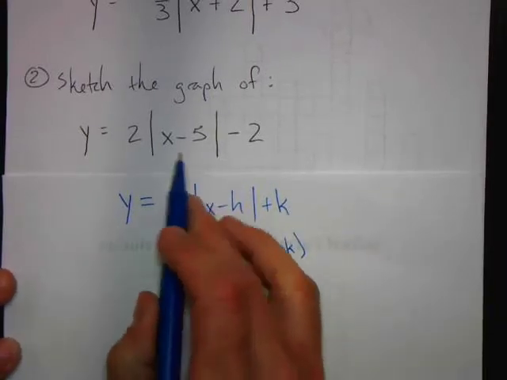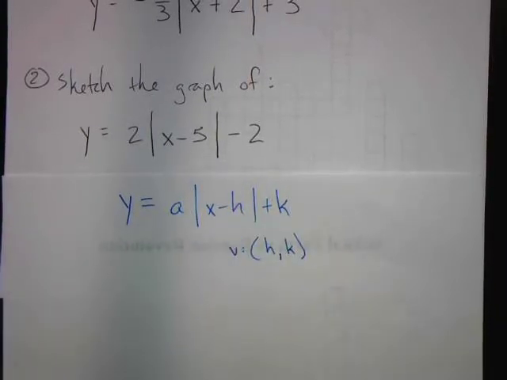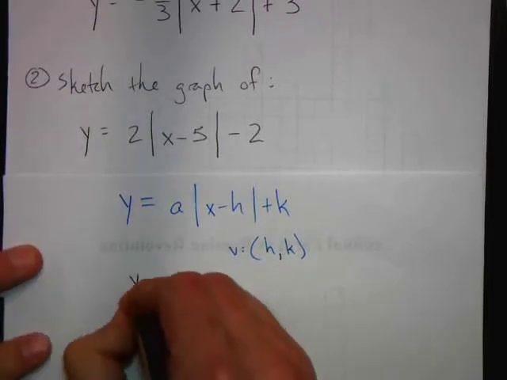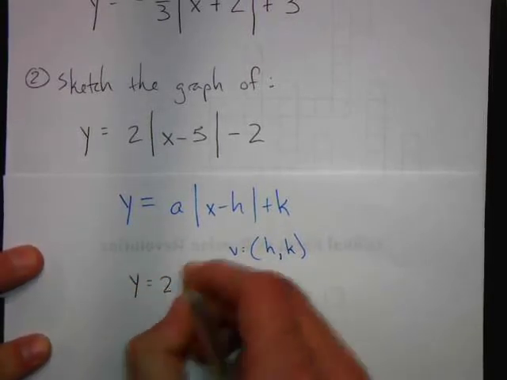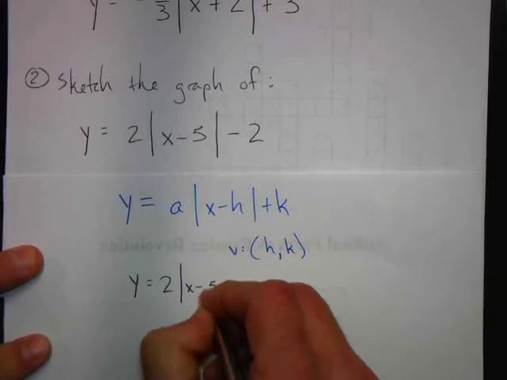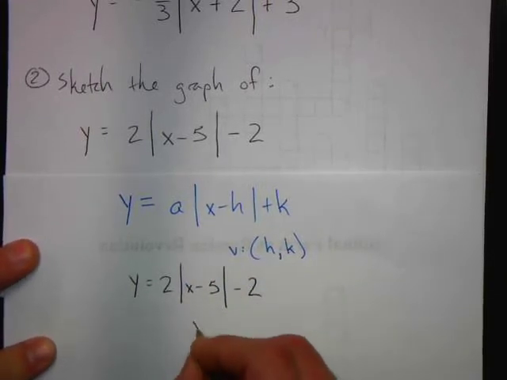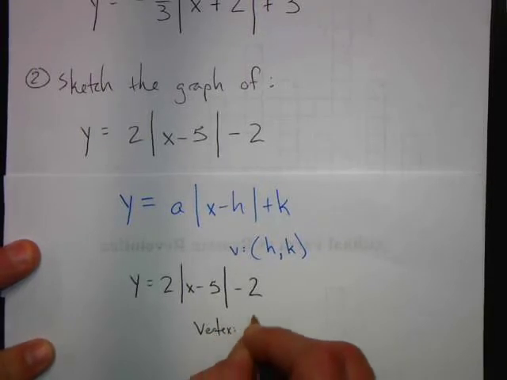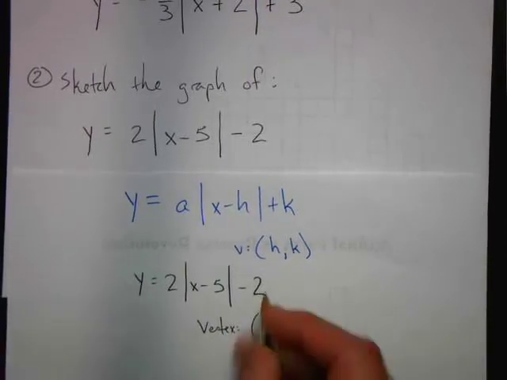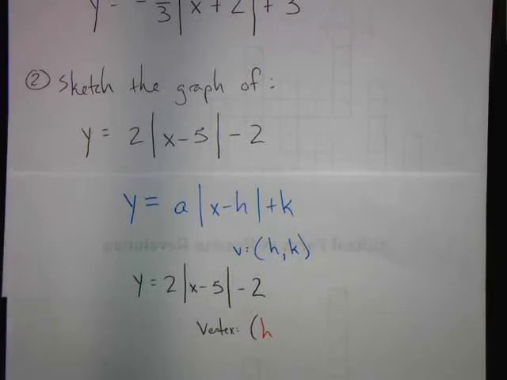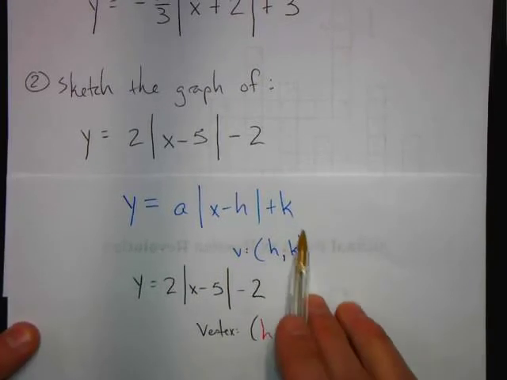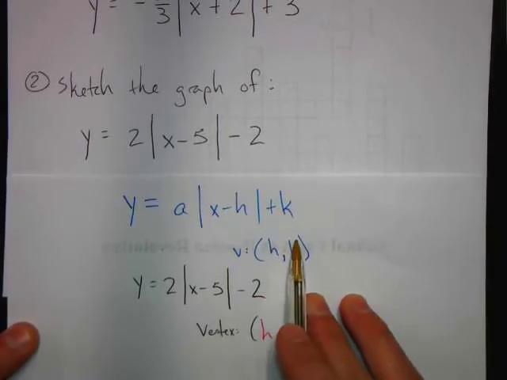So look at our problem. Inside the absolute value, we have x minus 5. So the vertex, the h, is going to be positive 5. So the vertex will have the first coordinate to be positive 5. From vertex form, the k, whatever's out there, goes here.